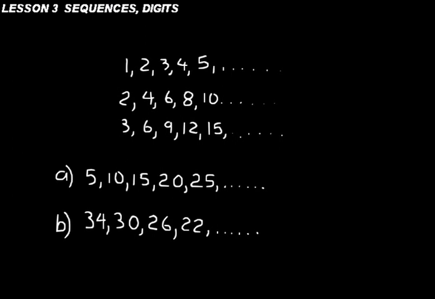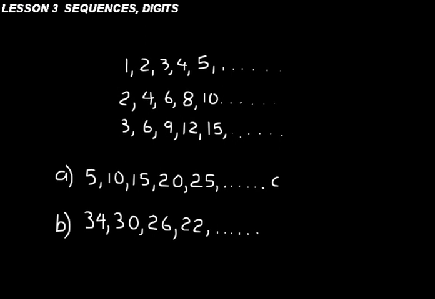So in A and B, I want you to tell me the rule that represents that sequence. If you want to pause the CD, you can, and then try to figure out what the two rules are here. So in A, we're counting up by fives, right? 5 plus 5 is 10, plus 5 is 15, and so on.